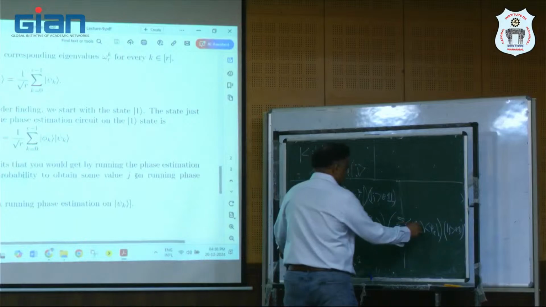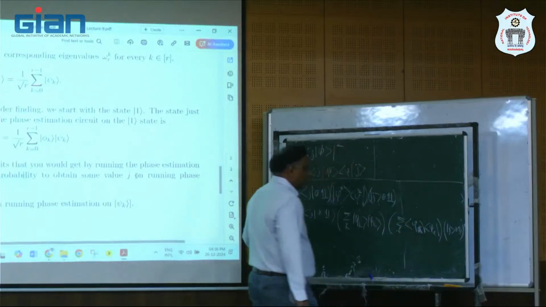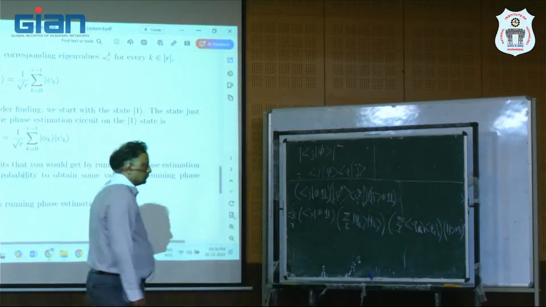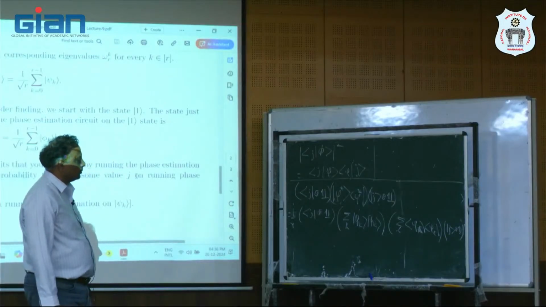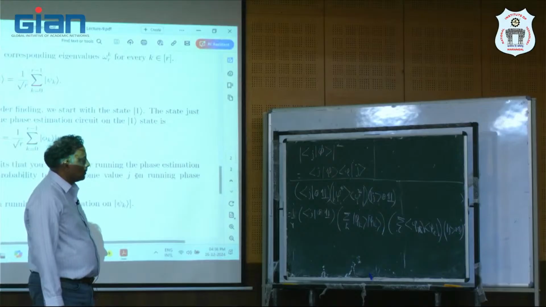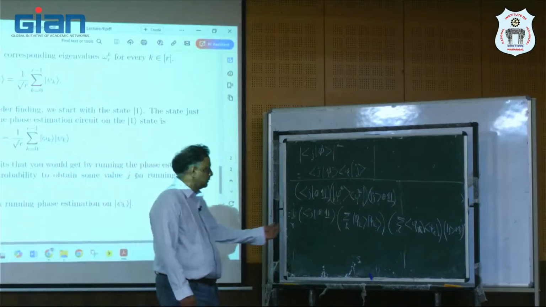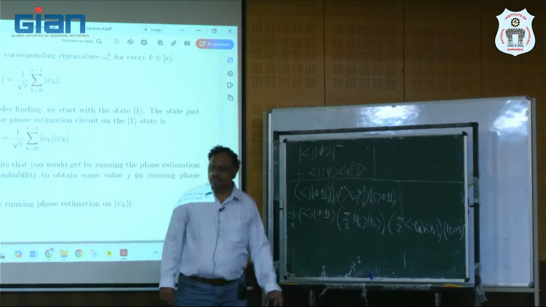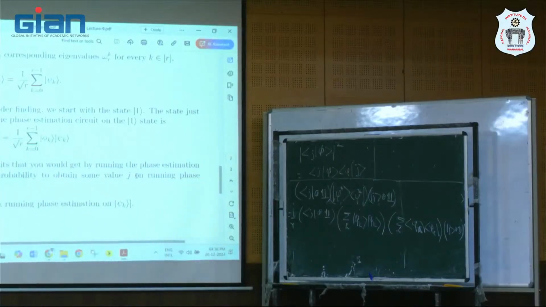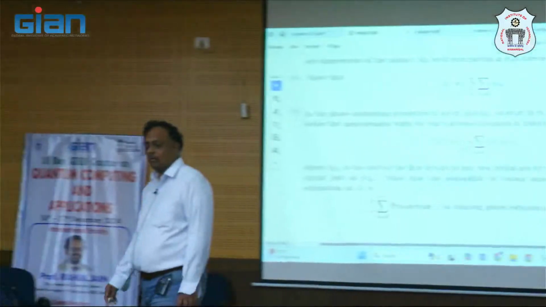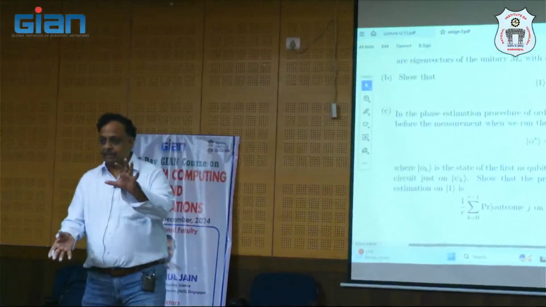Tensor on I, because this is the bottom bias. No, it's always tensor. The space is in tensor.